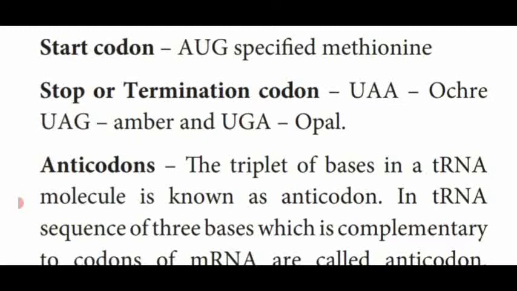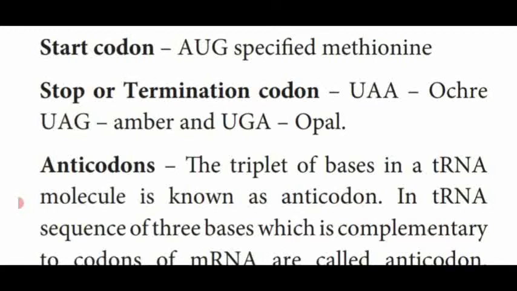So, it starts from the translation process. That codon is known as start codon, which contains three nitrogenous bases: adenine, uracil, and guanine, AUG. It is an important 1 mark question. Find out the start codon.